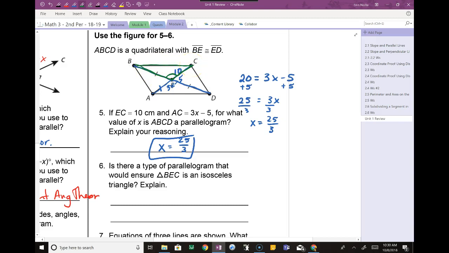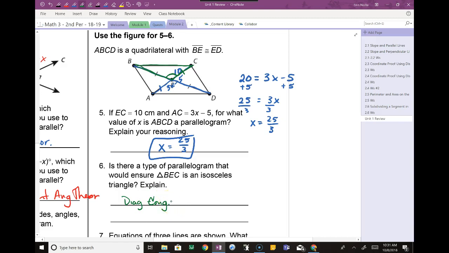So for that to be an isosceles triangle, that second side right there, the length from E to C would have to be the same distance. So basically that means that both of the diagonals would have to be the same length. Okay, so for the diagonals to be the same length, or to be congruent, what shape would you have to be working with?